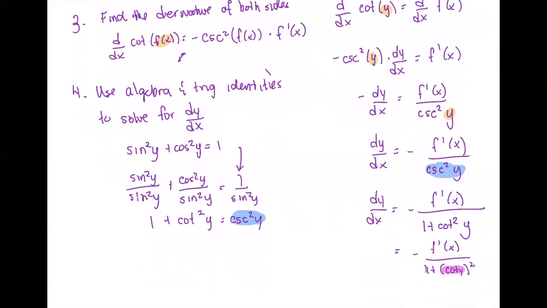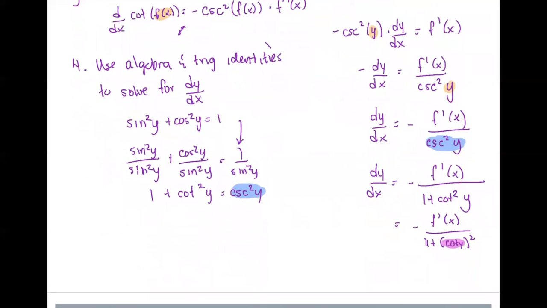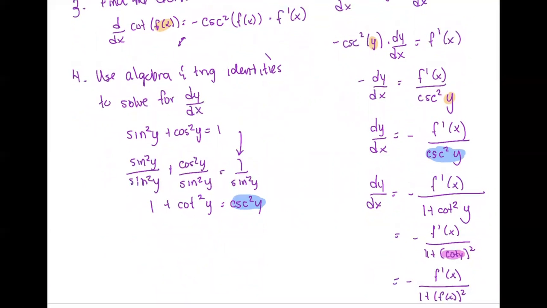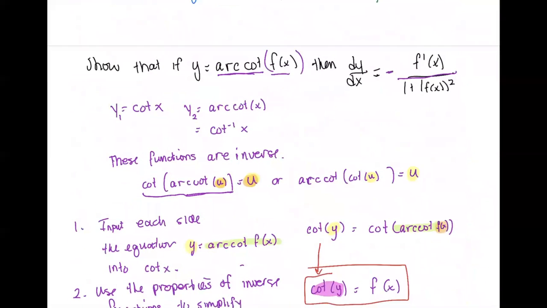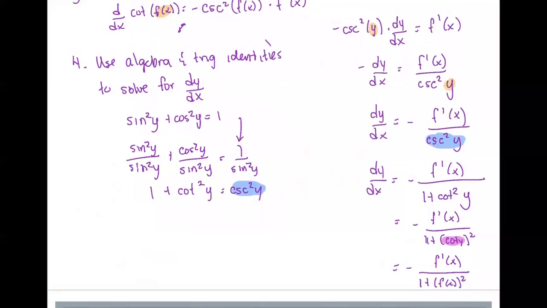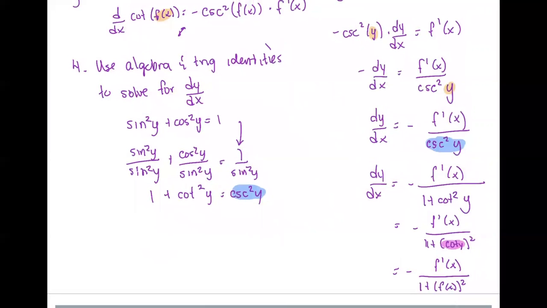So I get negative f prime of x over 1 plus f of x squared. Notice that this is exactly what I wanted to show from the beginning. The formulas match, so I did what I wanted to do.